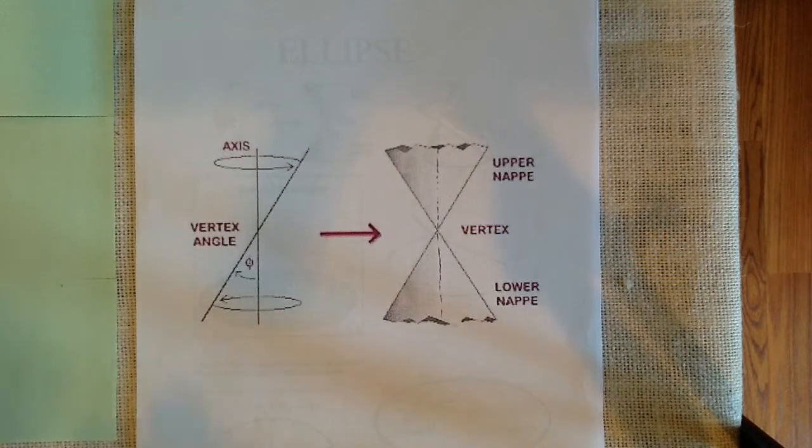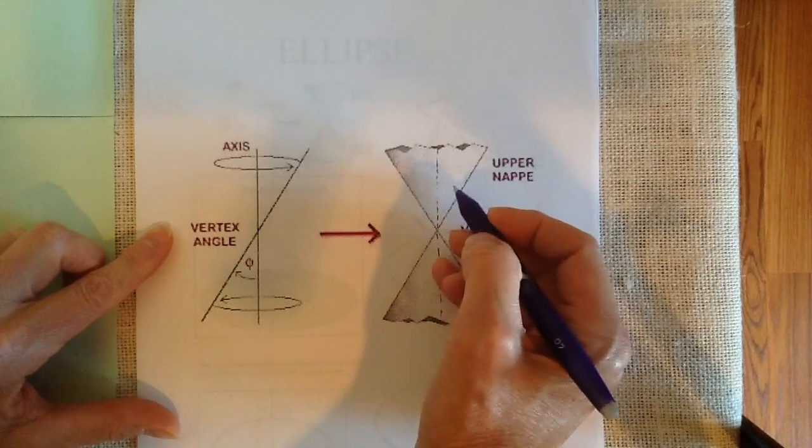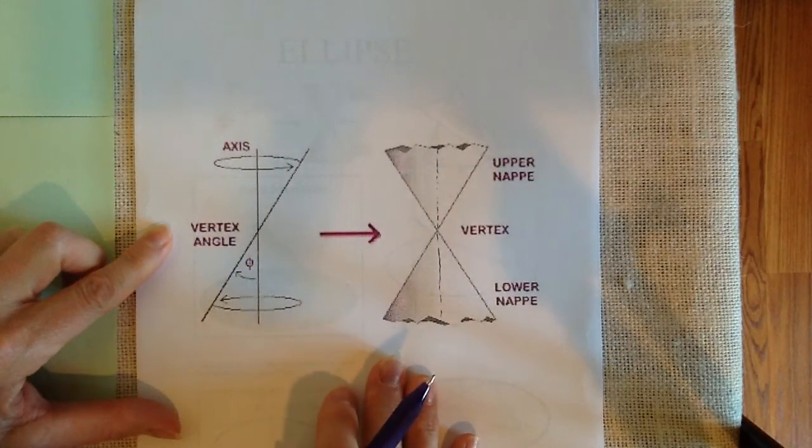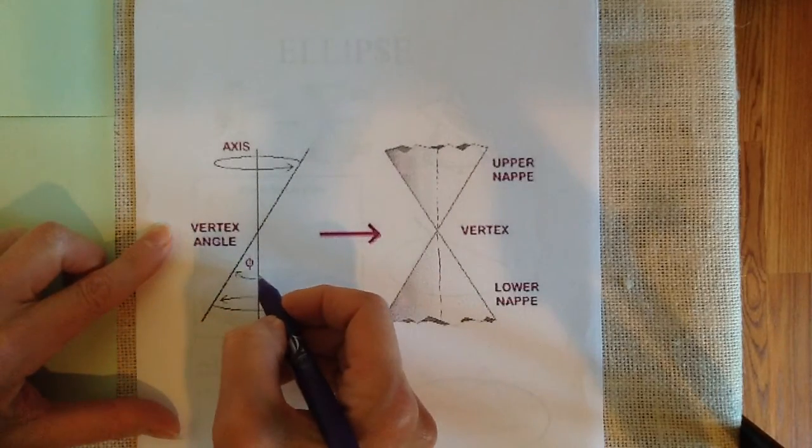Now, with our ellipse, we are going to intersect our plane at an angle that is less than 90 degrees, but greater than the angle formed by the generator and the axis.